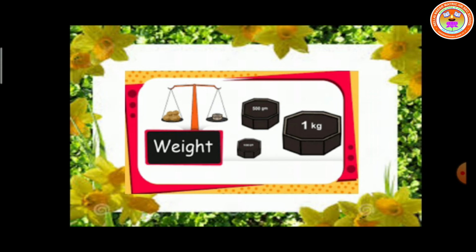The measuring stones consist of different weights like 1 kg, 500 gram or 250 gram. These common balance instruments are still available in most shops. Students, now you have clearly understood the weight, right? How will you measure the weight, right?